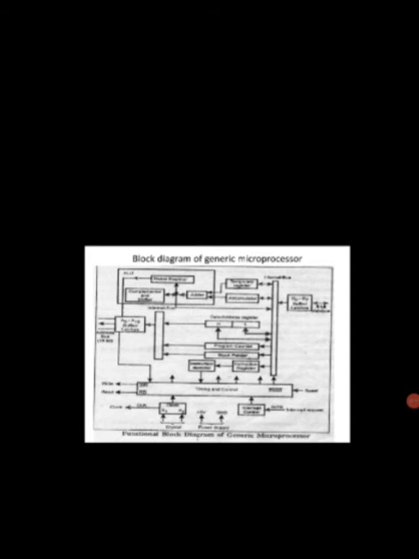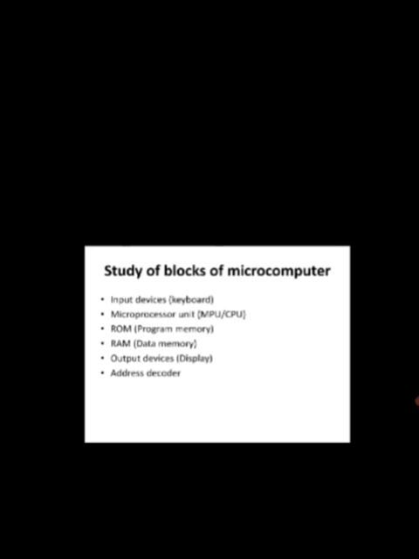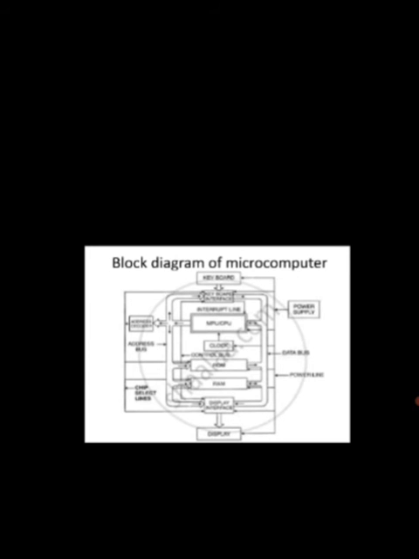Now we will see the block diagram of the microcomputer. You can see that there are various blocks in this diagram of the microcomputer. The first was the keyboard, the next is the keyboard interface, then the power supply, data bus, power line, MPU.